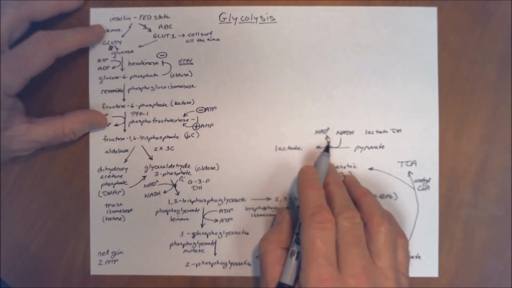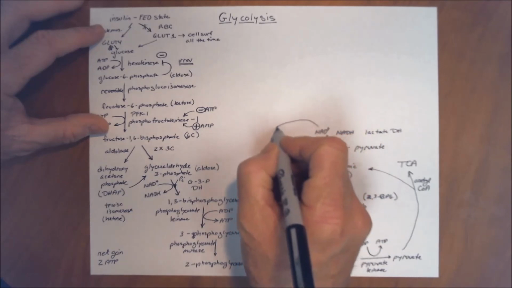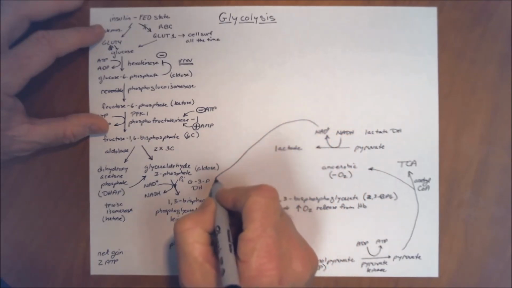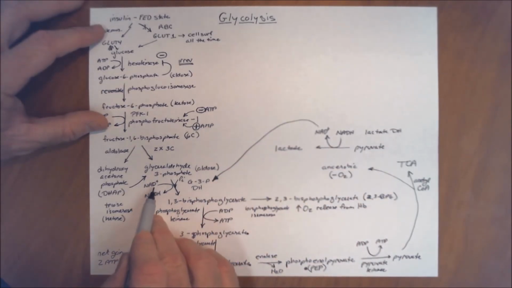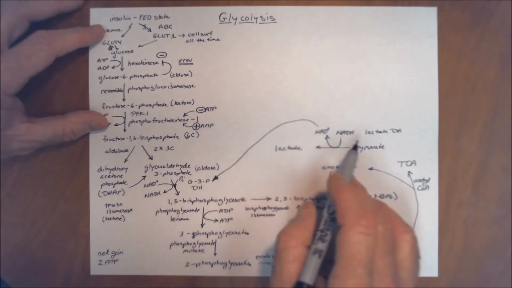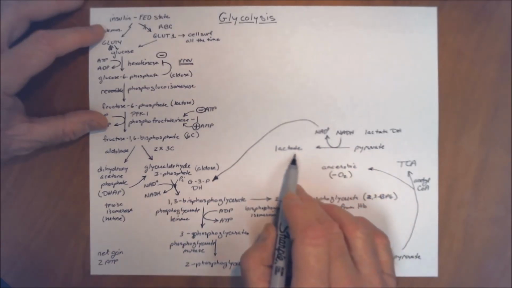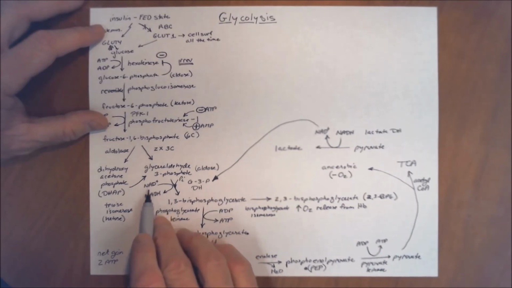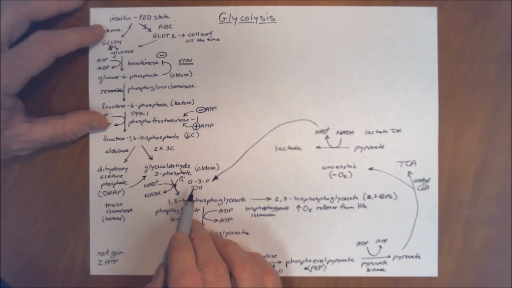The reason we need the NAD regenerated is because we're in an anaerobic situation, and this enzyme here, glyceraldehyde 3-phosphate dehydrogenase, needs NAD to continue working. So in an anaerobic state, if we don't have this reaction of pyruvate to lactate, we will eventually deplete the amount of NAD and stop glycolysis at this level of glyceraldehyde 3-phosphate dehydrogenase.